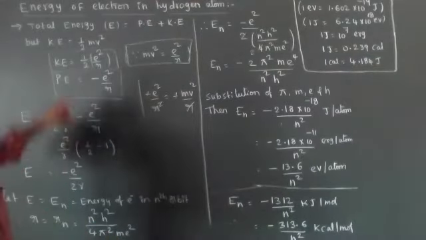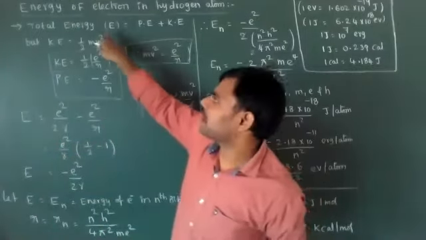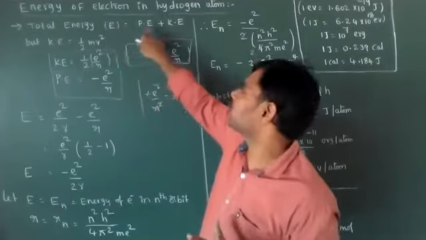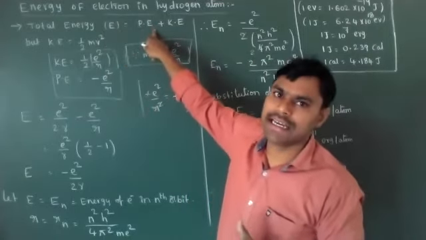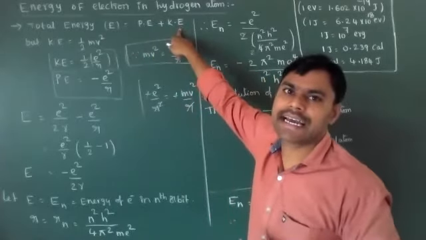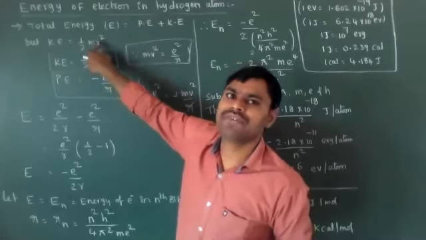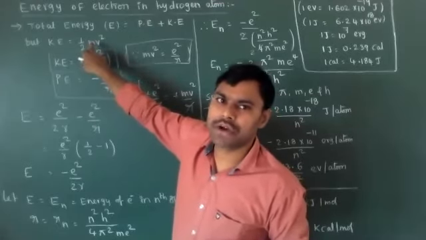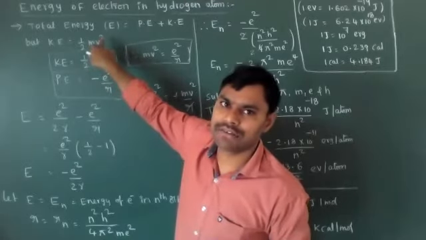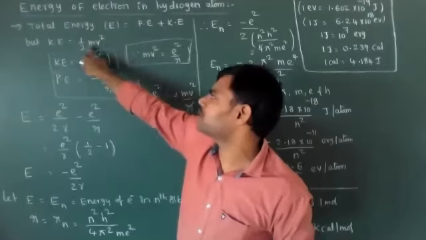We know that the total energy of any particle or substance is equal to the sum of the potential energy and the kinetic energy. PE means potential energy and KE means kinetic energy. Kinetic energy is nothing but half mv square, where m is the mass of the particle and v is its velocity. Here the particle is the electron.